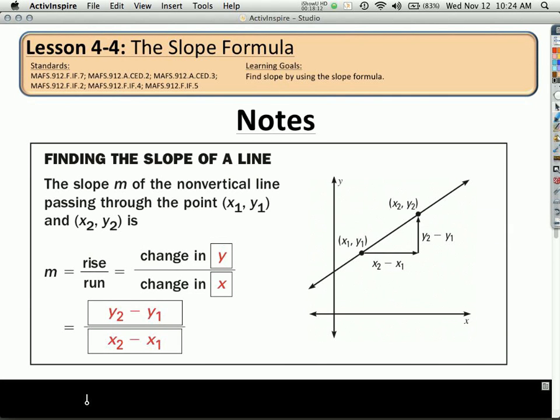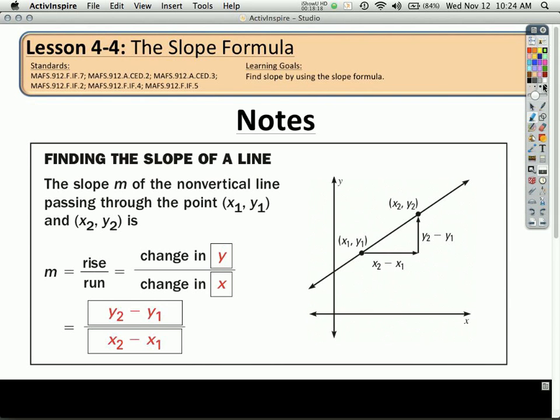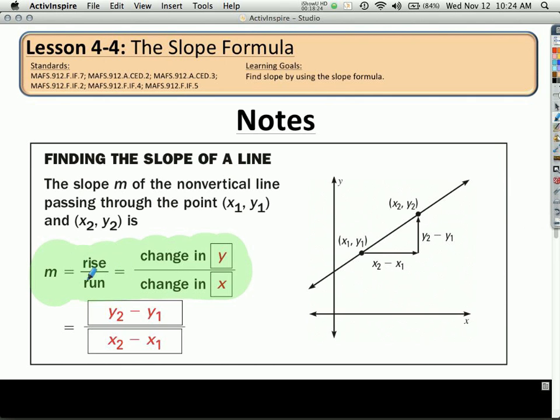So I want to emphasize a few things. First of all, this right here, you already saw last time. We talked about this right here being rate of change. The change in the y's over the change in the x's. We also talked about slope being rise over run.